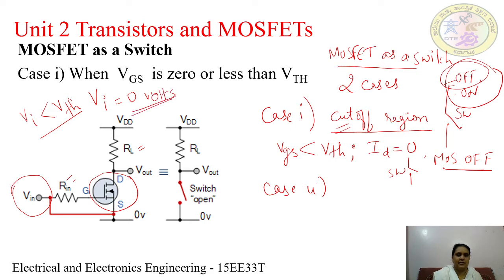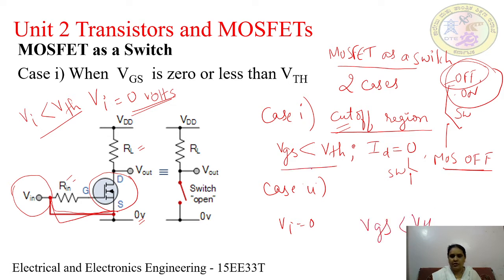How will I get the 0 volts? I will take this input side and ground it to the source, because the source is connected to ground. Ground means 0 volts. So if I take the wire and connect it downwards, Vi will be equal to 0. If my Vi is 0, it means that VGS is less than VTH.